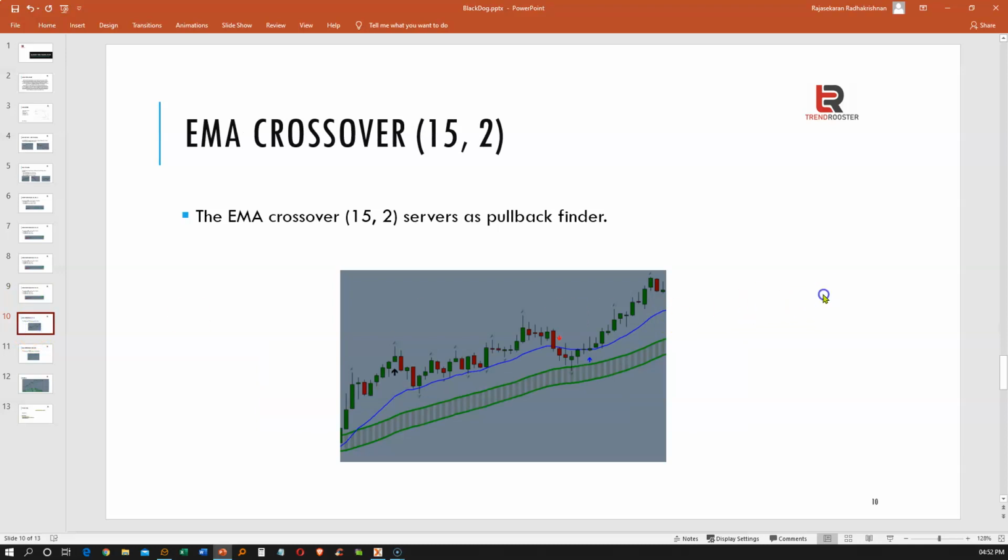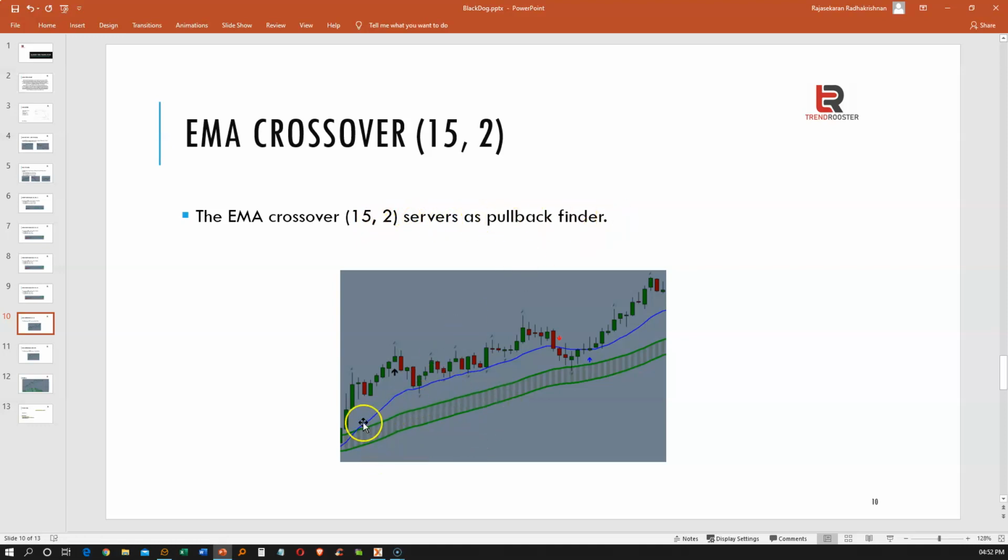That's it. So now the EMA crossover 15 and 2. There is no other indicator here; it uses only two EMAs, a 15 period EMA and a 2 period EMA. The EMA crossover of 15 and 2 serves as a pullback factor.